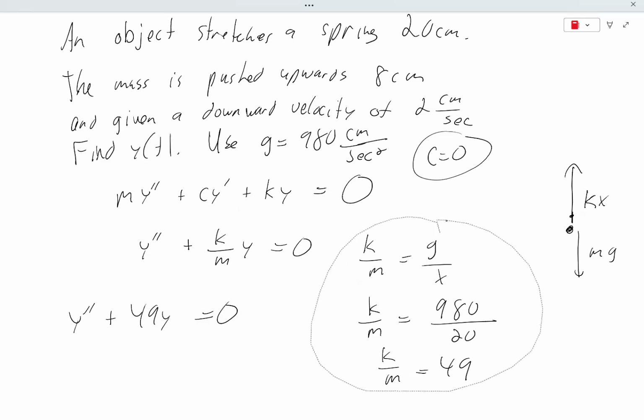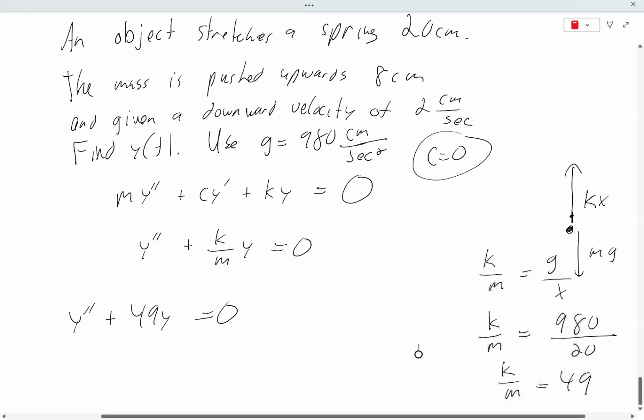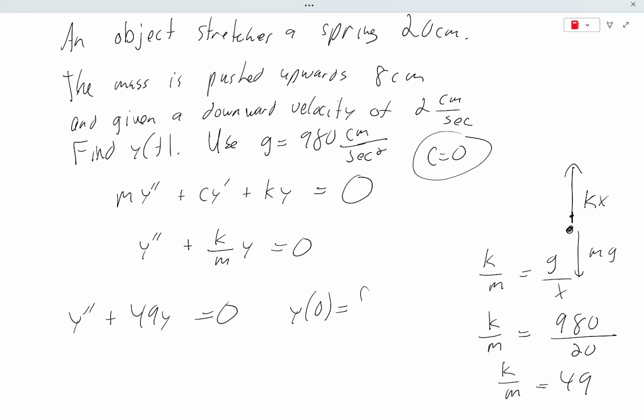And then initial conditions on this. What's y of 0? y of 0 would be equal to 8, because it's pushed upwards 8 centimeters. And then y prime of 0 is what?